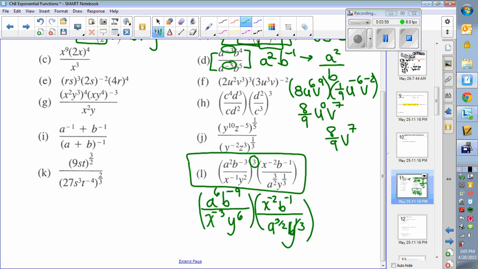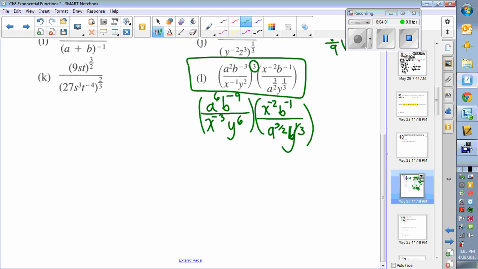If we start combining those, you look at the a's. I have a to the 6 and a to the 3/2. You subtract those. 6 minus 3/2, so that's 12 over 2 minus 3 over 2, which gives 9/2 for a. So my a's are now dealt with. I have b to the -9 and b to the -1 being multiplied together.